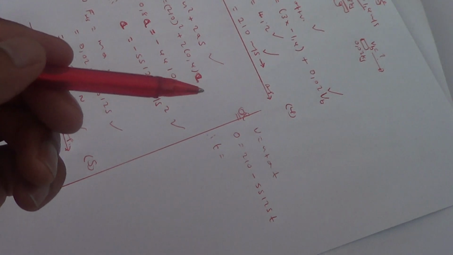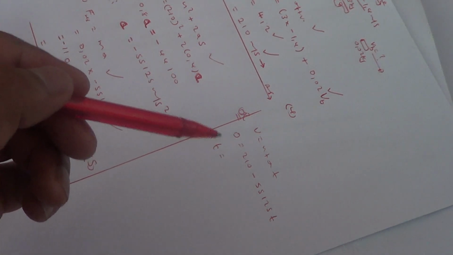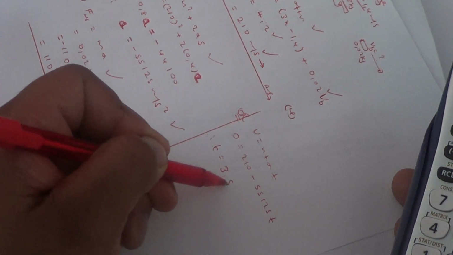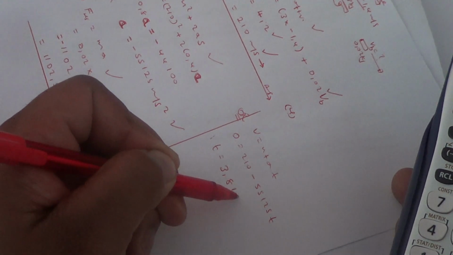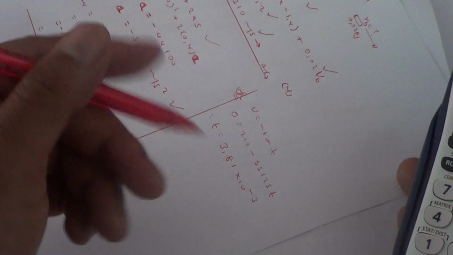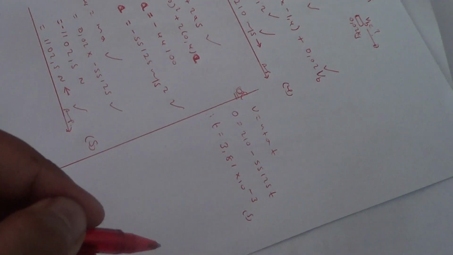So 210 divided by 55,125. I get this silly expression, 3,81 times 10 to the minus 3. That means there were many zeros, so it just did it in scientific notation. This is seconds, all right?